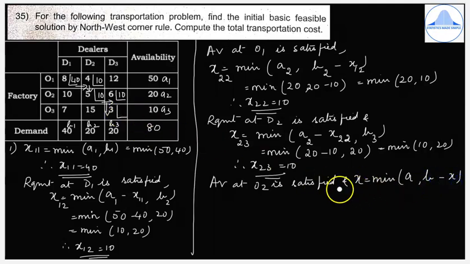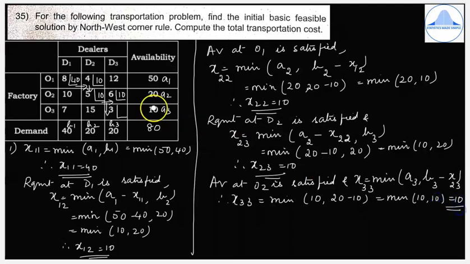So this particular cell is 3, 3. So it is minimum of A3 comma B3 minus x23. So you'll get x33 is equal to minimum of 10 comma 20 minus 10, which is minimum of 10 comma 10, which is equal to 10. So write the allocation 10 here.